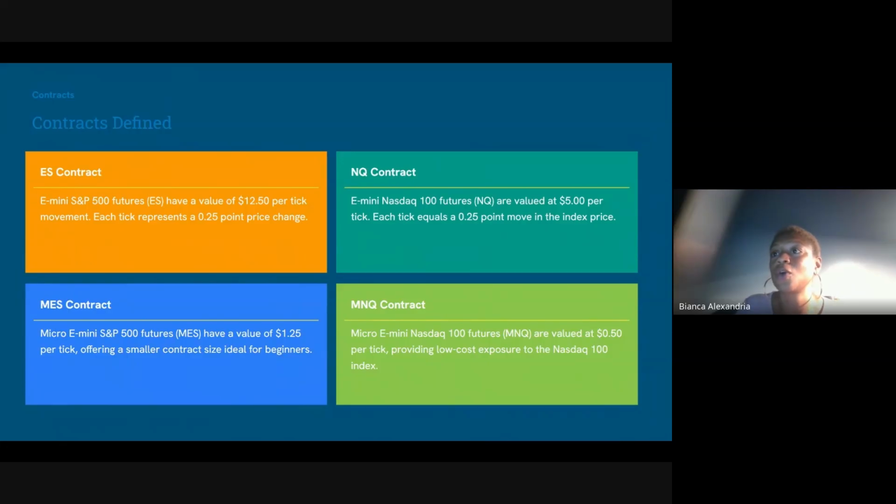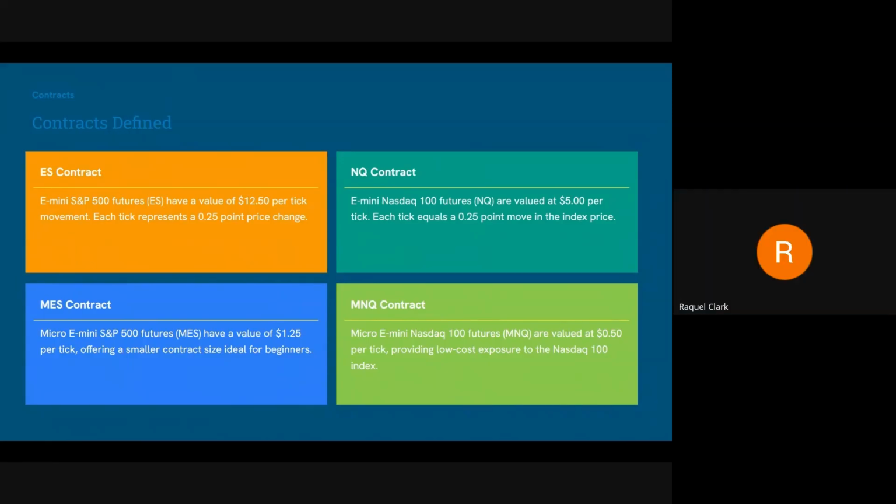And so each of these, the micros, I'm sorry, are 1/10 of the minis. So like here, MES, instead of $12.50, it's $1.25. And then MNQ, instead of $5, it's 50 cents. Does that make sense? It's 1/10 of what the mini is.